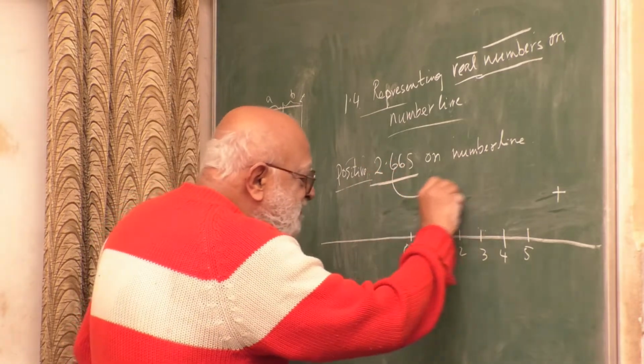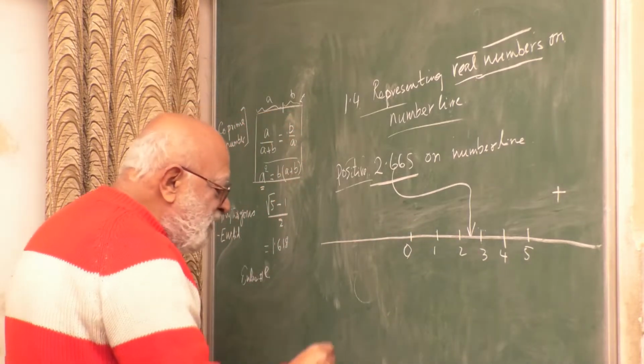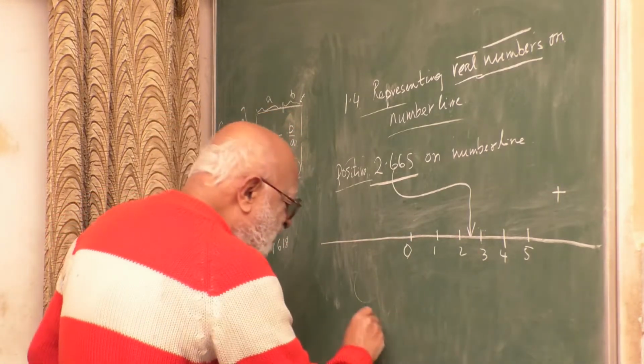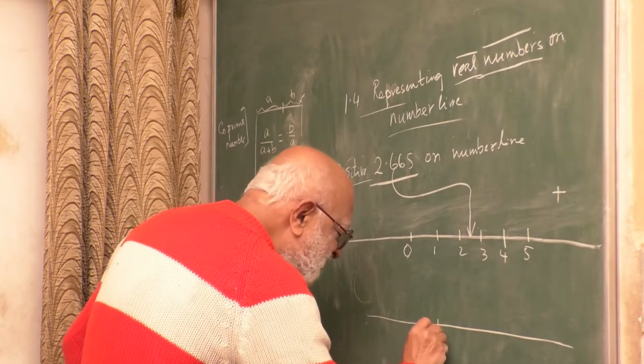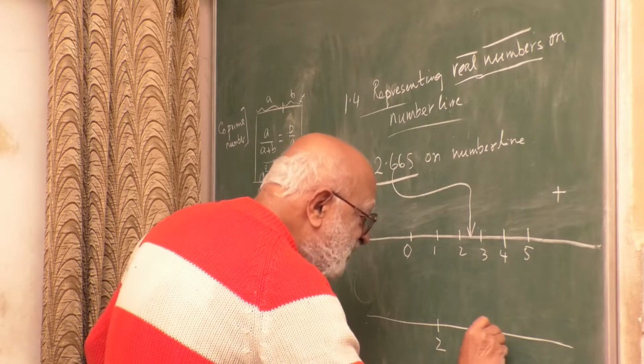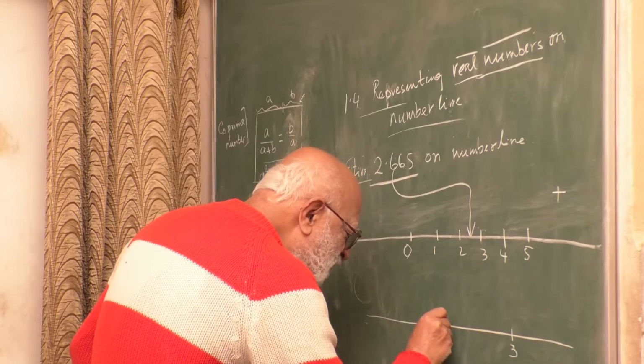The 2.665 will be here, between 2 and 3. So I will take a magnified view of 2 and 3. Okay? Let us say this magnifies into 2 to 3 here. And I will divide into 10 equal parts.